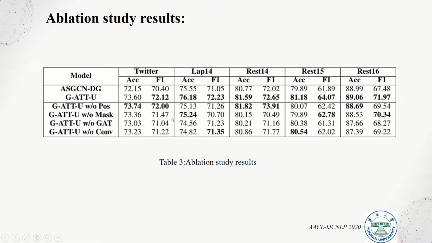That result shows that graph attention without convolution outperforms the ASGCN model in most cases, indicating that a graph attention layer with different edge weights is more effective than a graph convolutional layer with equal edge weights.